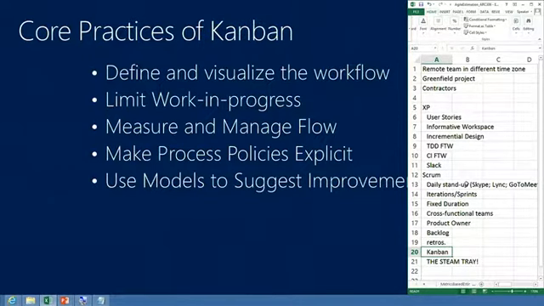So let's do a vote. Limiting work in progress? Yes? Okay. So by limiting work in progress, you are implicitly saying you're using models to suggest improvement, right? So we'll just shorten that to Kaizen, which is the Japanese for self-improvement. So I should have put Kaizen in parentheses there. So visualized workflow. We actually didn't write that anywhere, but do we believe in a visualized workflow?